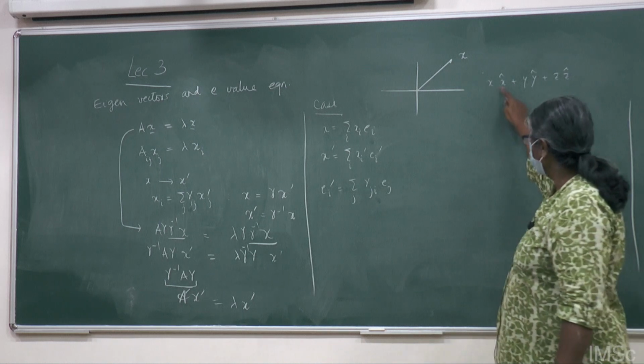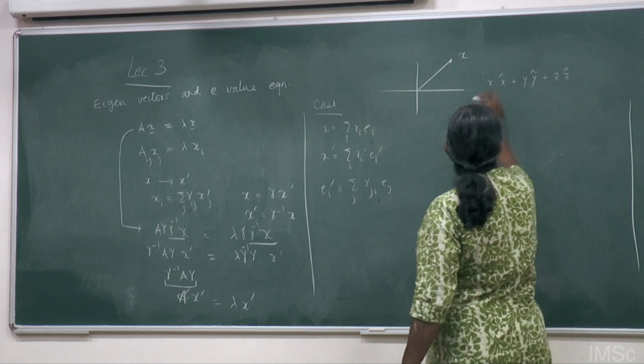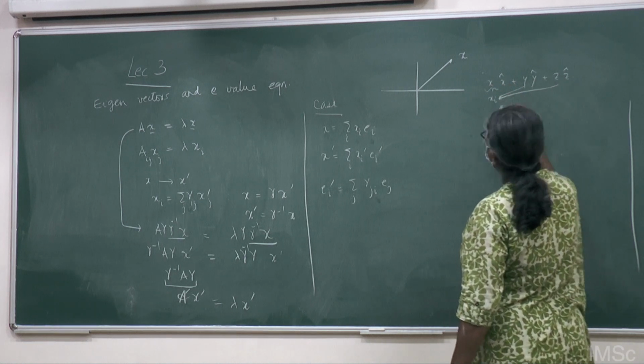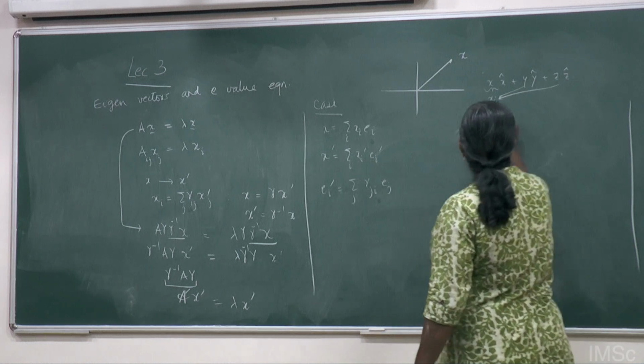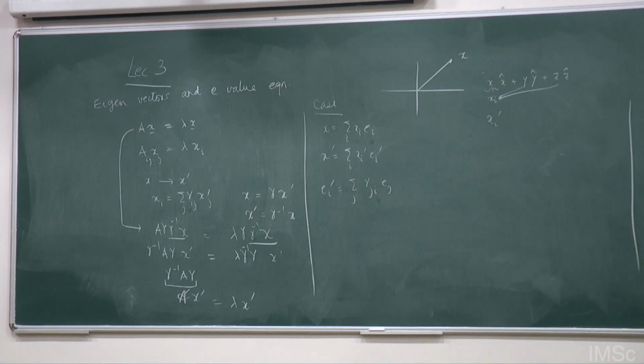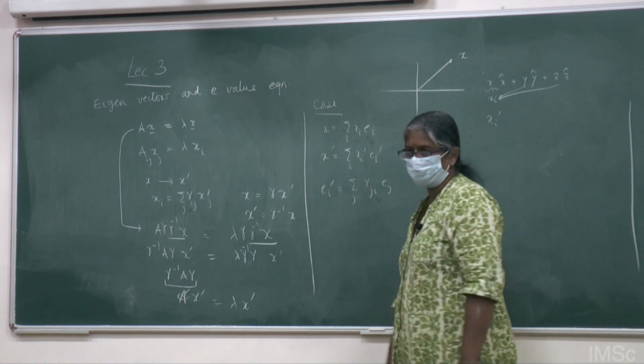So the values of these coefficients are called the x_i's. All these are the x_i's. And in r, theta, phi they will be called the x_i prime. So I am doing a coordinate transformation. This is the basis vector, which you can notice has come from V back to E.